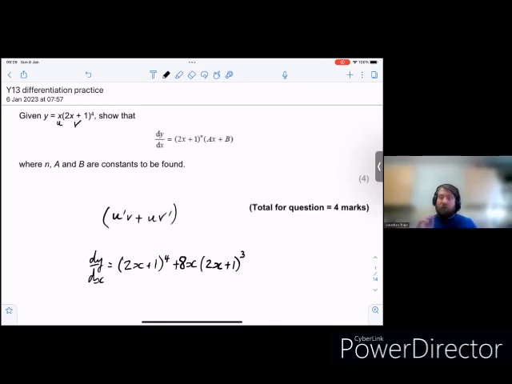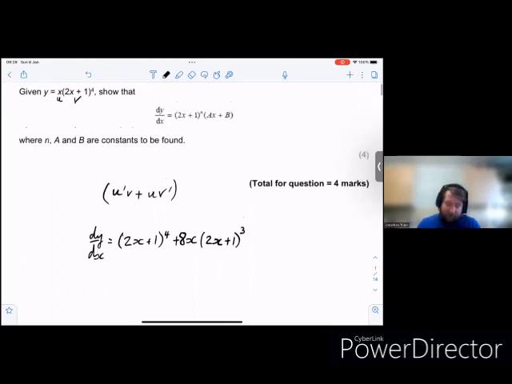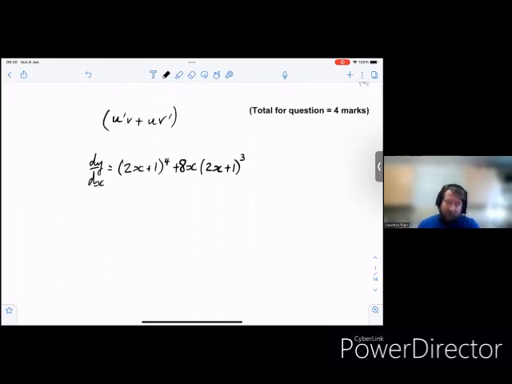Now, notice when we did the product rule, I think in the past paper question I did, it just said differentiate. So you would get full marks for what we've written so far. But when they want you to simplify the answer, they phrase it like this. They've given you the structure of the answer, and you've got to show that you end up with that. So essentially, it's instructing you to factorize. With this one, we've got a common factor of (2x plus 1) cubed.